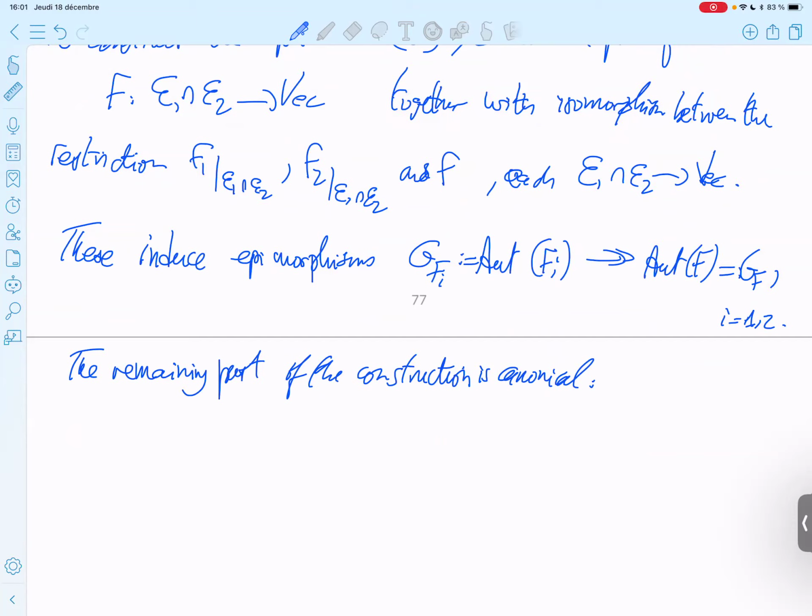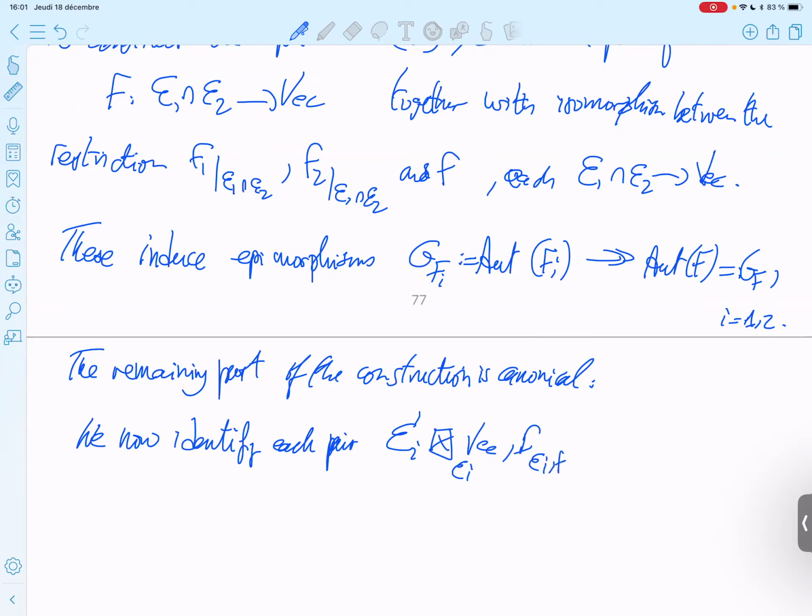And so, thanks to this result, I will recall, we can identify each pair of fiber functors and each pair of core with the pair for the intersection.